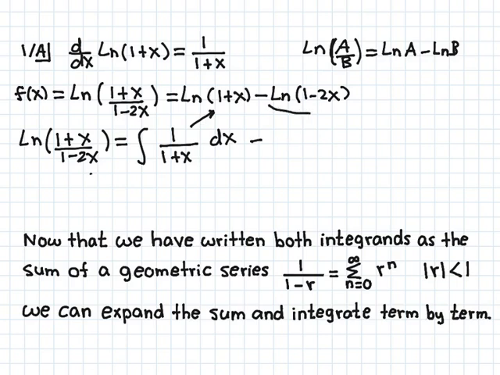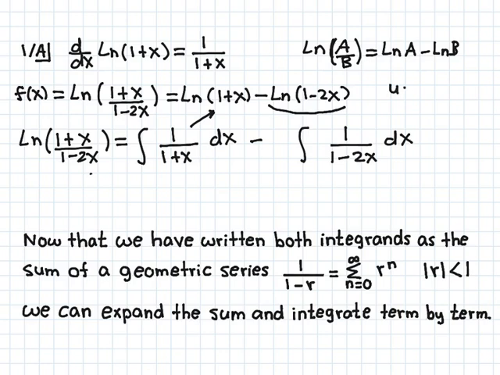Now, let's look at this part here. What should we integrate to get log of 1 minus 2x? So let's try 1 over 1 minus 2x dx. If we integrate this, we get log of 1 minus 2x divided by minus 2 because of the u substitution rule.